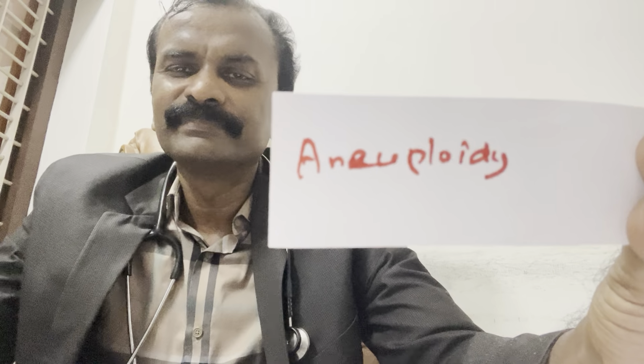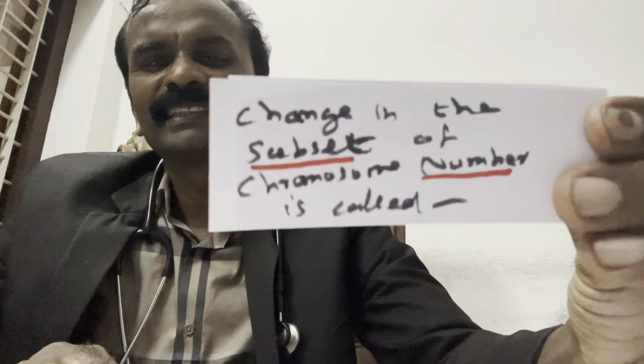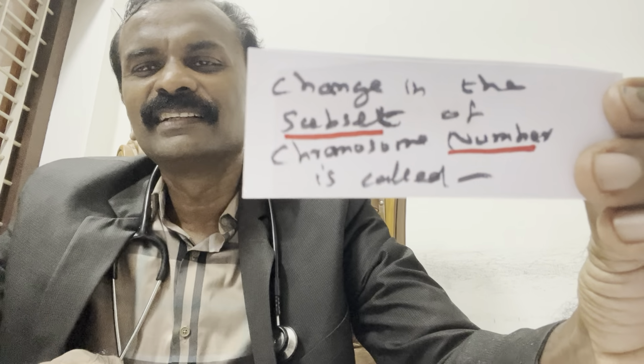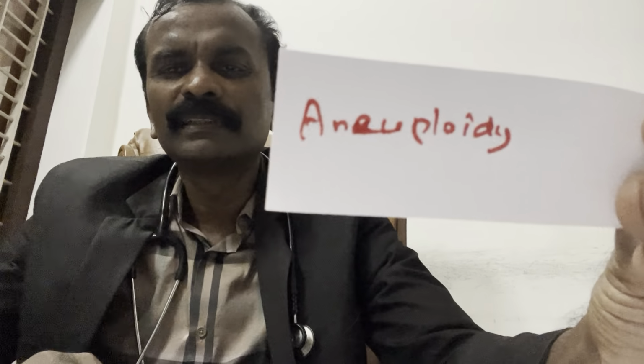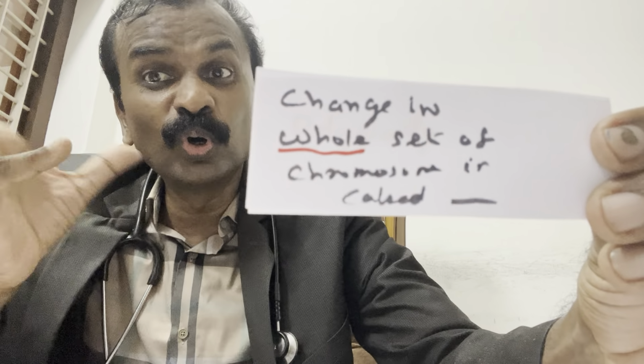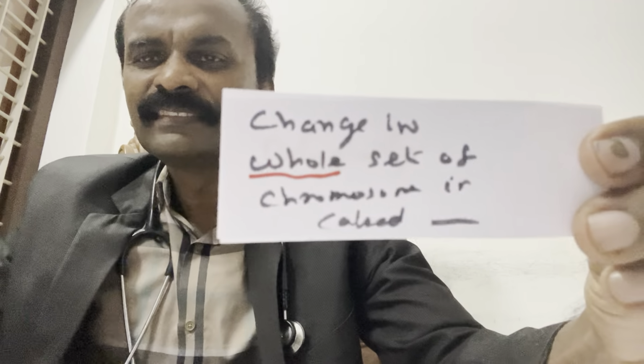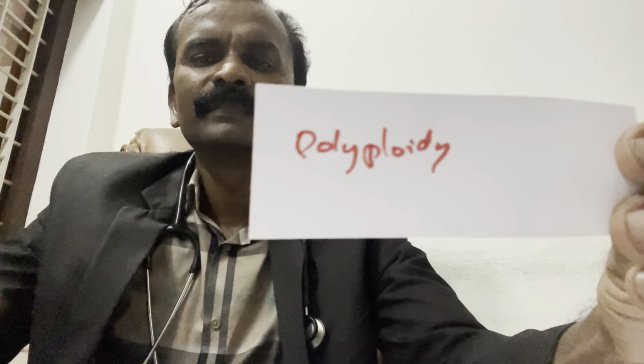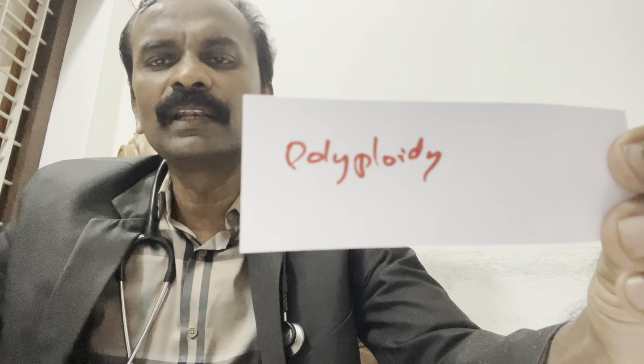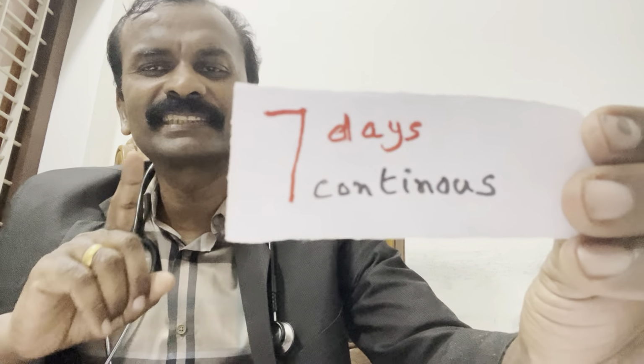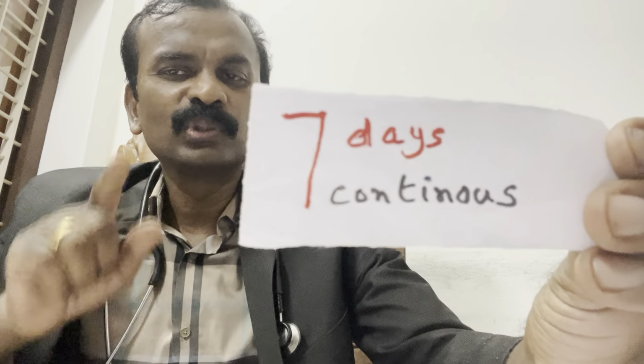Change in the subset of chromosome number is called aneuploidy, and change in the whole set is called polyploidy. POLY, polyploidy.